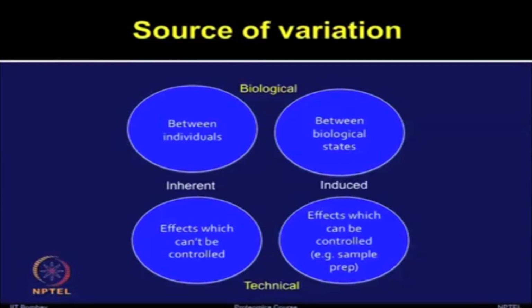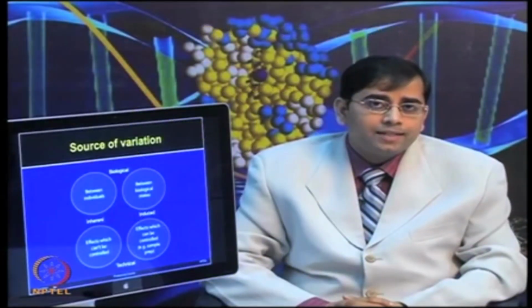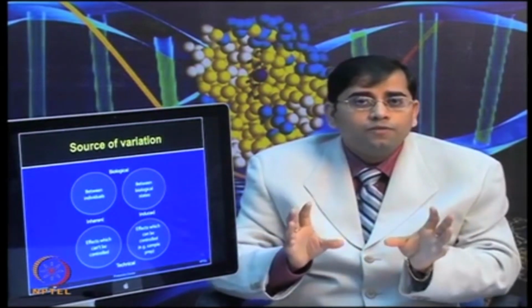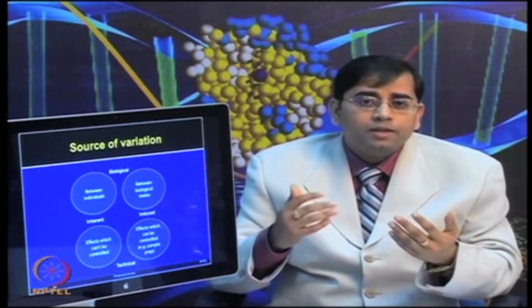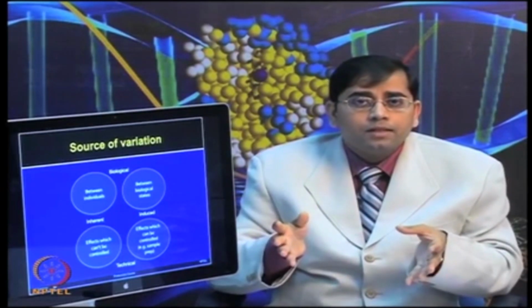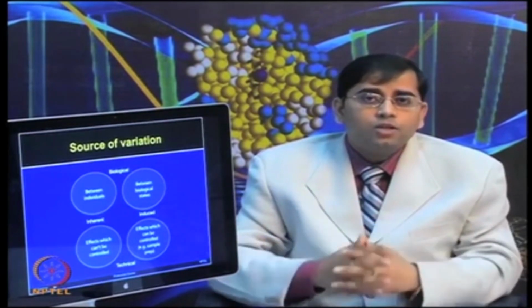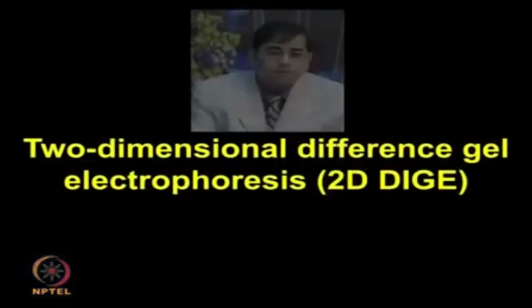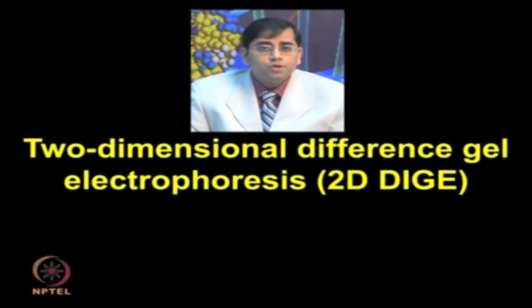All of those steps may result in large variations. So, in two dimensional electrophoresis, when you are separating your control and treatment on two different gels and you have so many variations coming from both biological and technical sources, then the overall analysis and the confidence in the data becomes very questionable. To overcome those limitations, a new approach, the advanced electrophoresis method, two dimensional difference gel electrophoresis or 2D DIGE, has emerged.